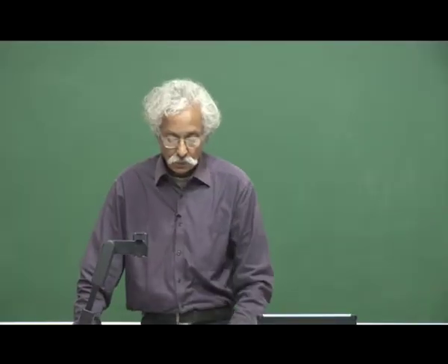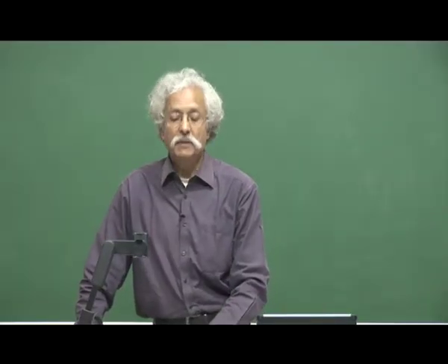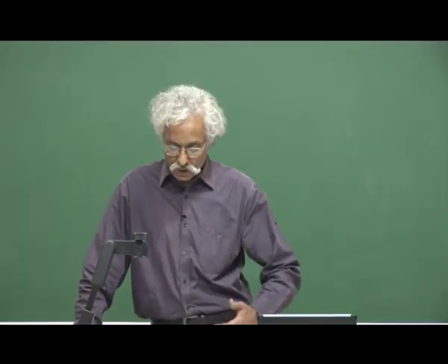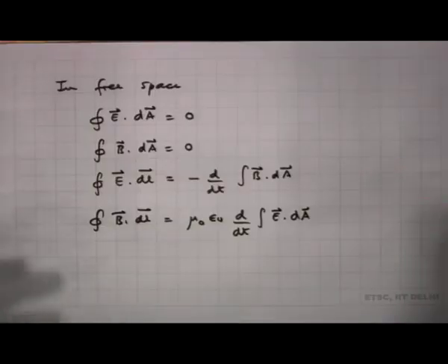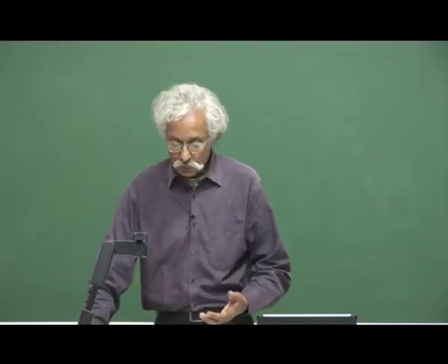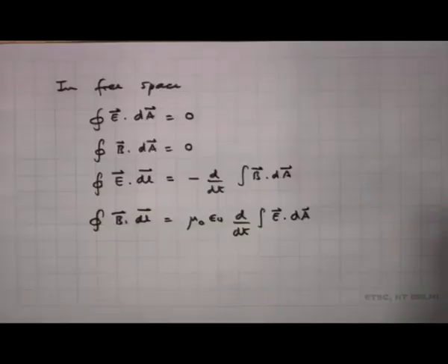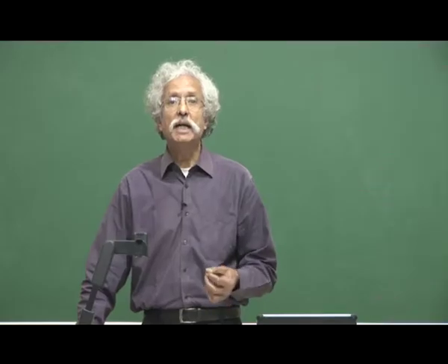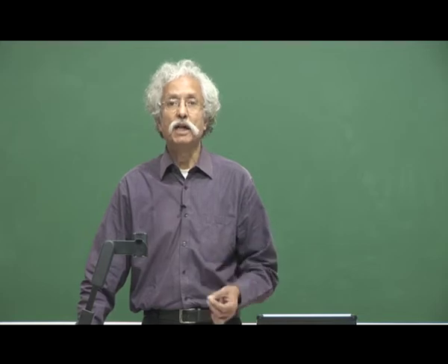Till that time, light waves were not considered to be electromagnetic, but he showed that from these equations you can predict the existence of waves called electromagnetic waves, and their velocity depends on epsilon 0 and mu 0, and that velocity comes out so close to the known value of the velocity of light at that time that he propounded that light must be an electromagnetic wave.